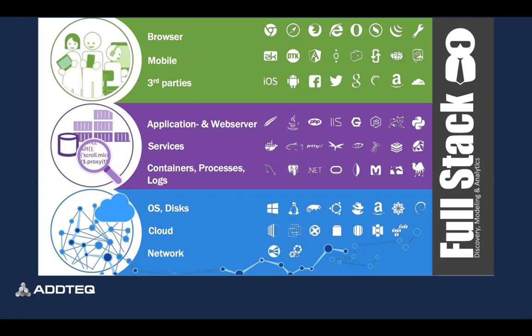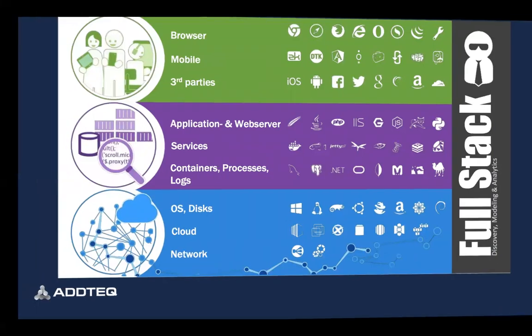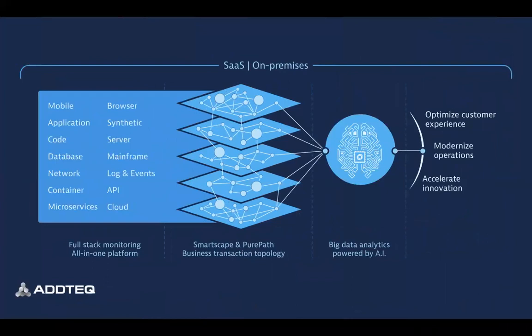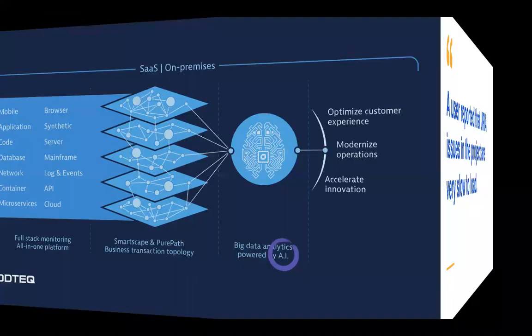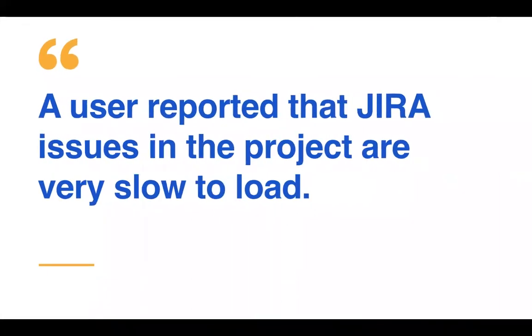So a full stack monitoring view is a view ideally across all of these layers, hopefully without a lot of redundancy in the alerts or insights it provides. And we'll look at some examples of how the Dynatrace AI can alert you about potential issues around your Atlassian tools if you're using it to monitor.